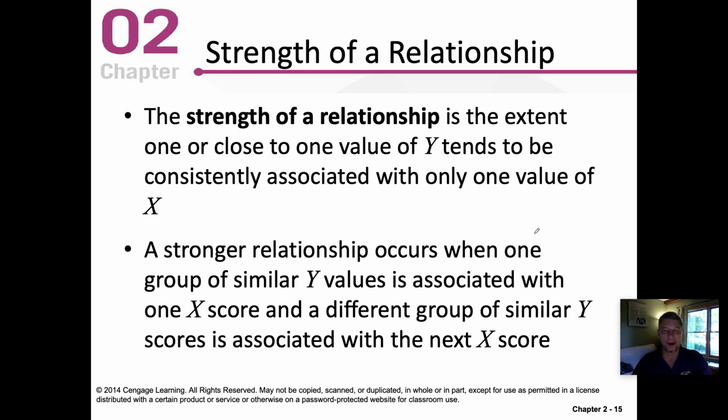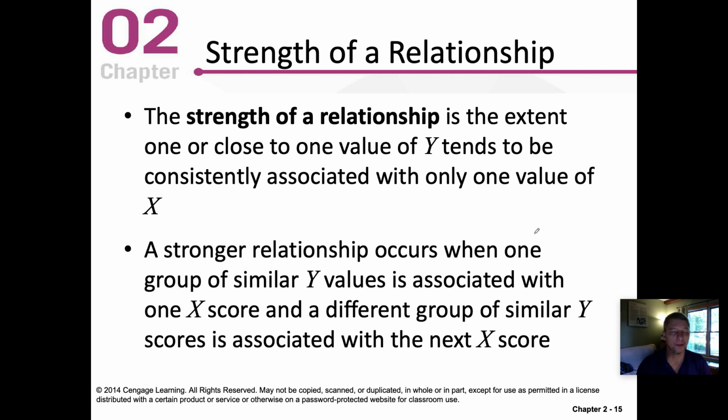Now, when a relationship is strong, generally that means that you can say, well, if x equals a certain y and x2 equals the next y, all right, then I would predict that x3 would equal this value of y, because it's a strong relationship.